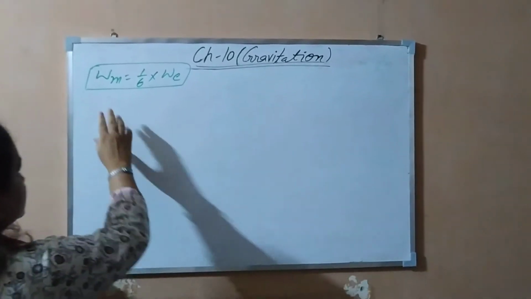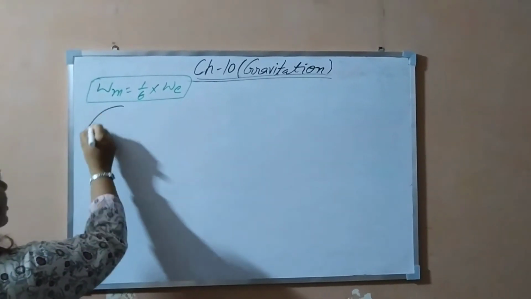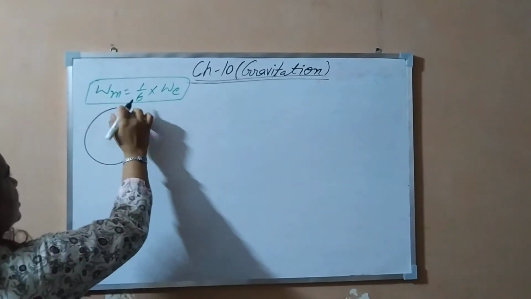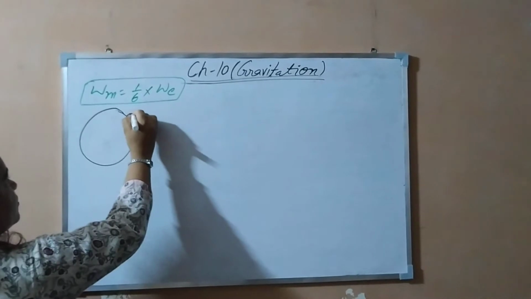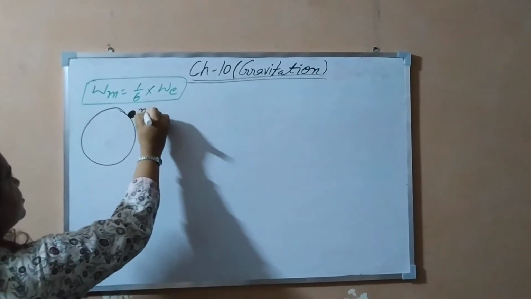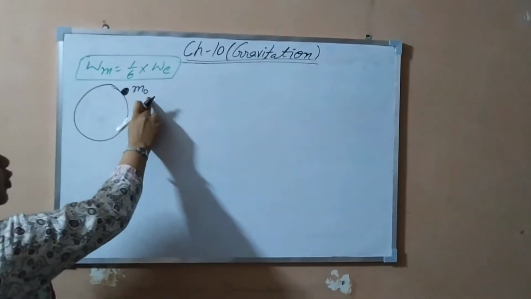Before doing that, first of all we have to consider that the earth is there, and on the earth's surface an object is there. Let the mass of this object be M_o. The o is not multiplication, it is a lower subscript.